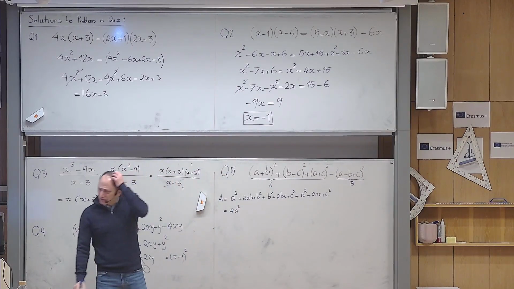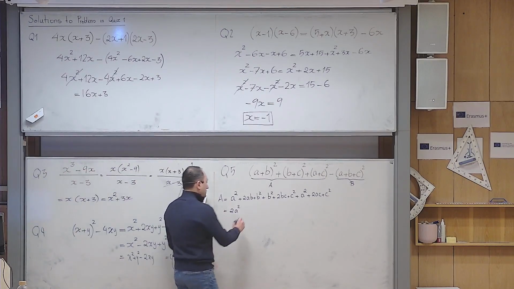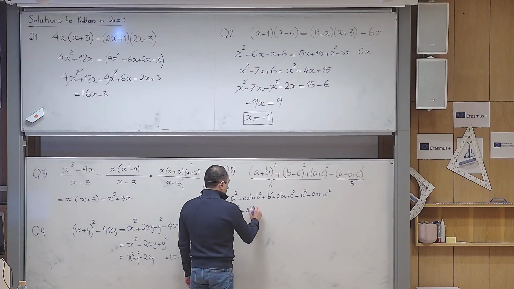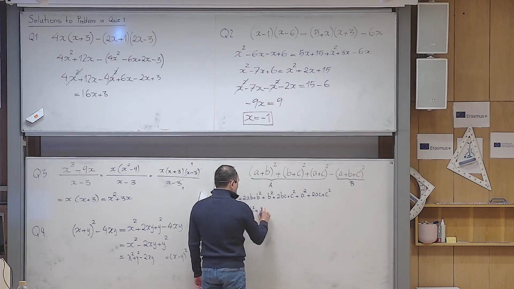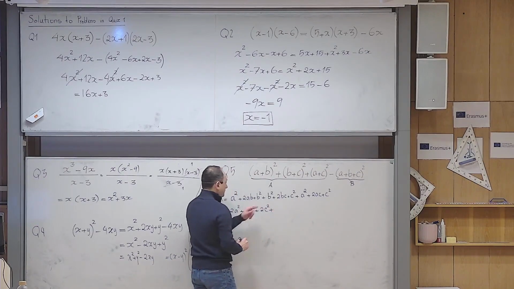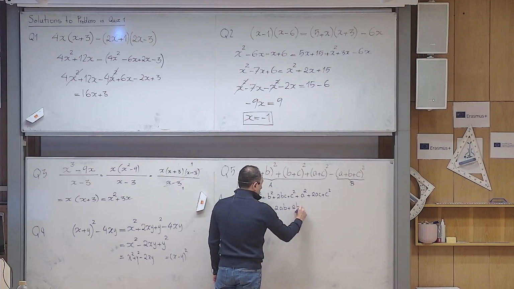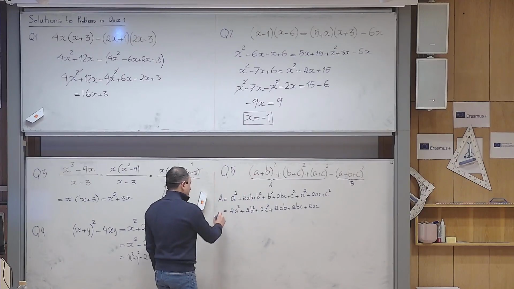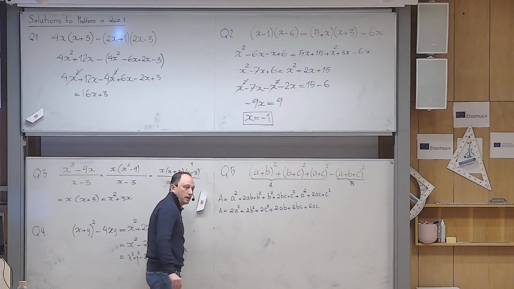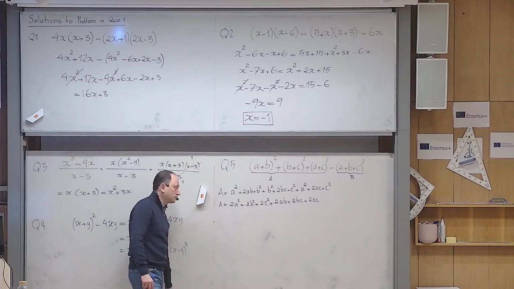Then I have 2b squared, then I have 2c squared. And then I have to copy and paste the rest. This is part A. That's it. It is lengthy, but it is a matter of seconds to finish.